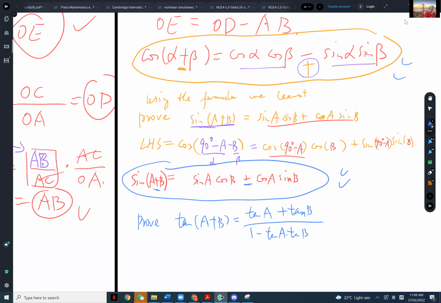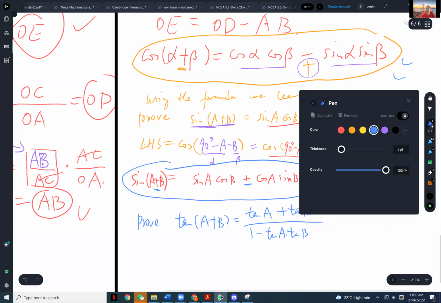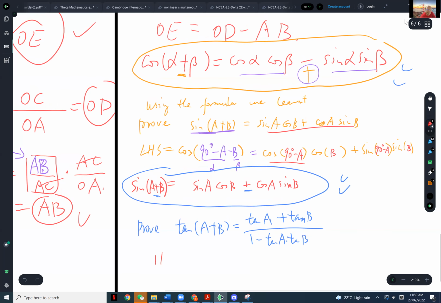Ask you to prove this one. If you prove tan, we have left-hand side equals sine over cos. Tangent x just equals sine over cos.